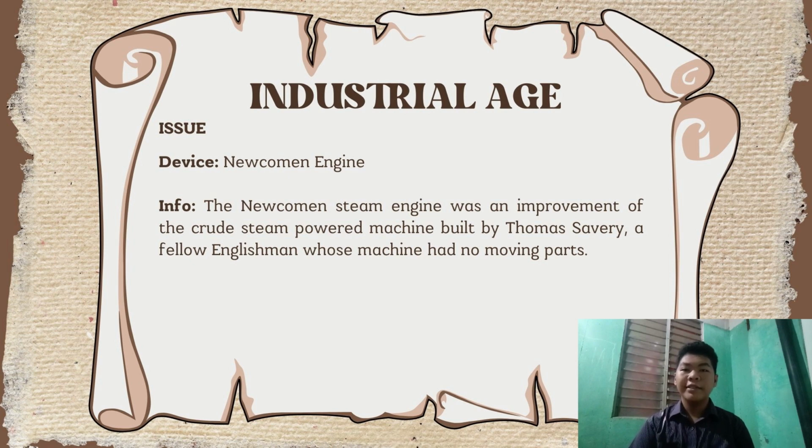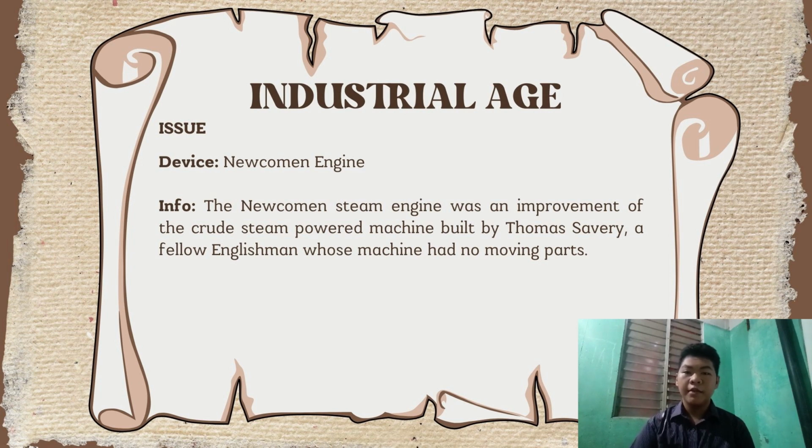An internal condensing jet for creating a vacuum in the cylinder and automatic valve gear were both created by Newcomen. He stayed within the parameters of his material's usable operating pressure by employing steam at atmospheric pressure. For a lot of years, Newcomen's engine was employed for water wheel powering and mine drainage.